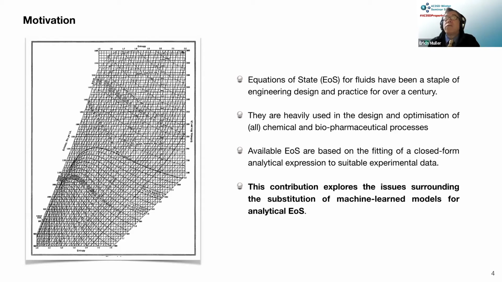So equations of state, or representations of the PVT phase space, have been a staple of engineering for over a century, and they're still being very heavily used both in the design and optimization of chemical and biopharmaceutical processes of all types. The equations of state available are all over the place.